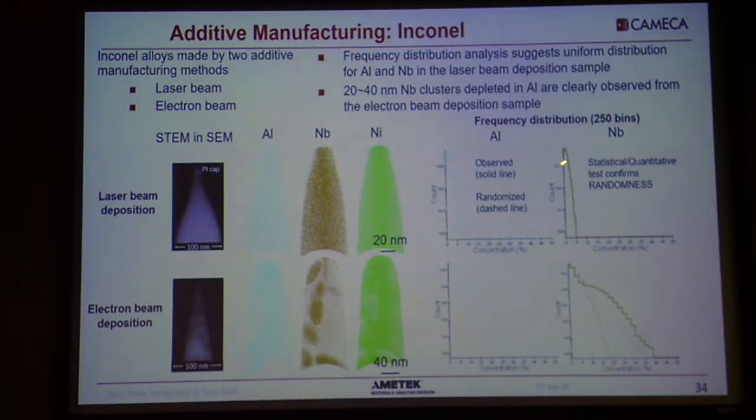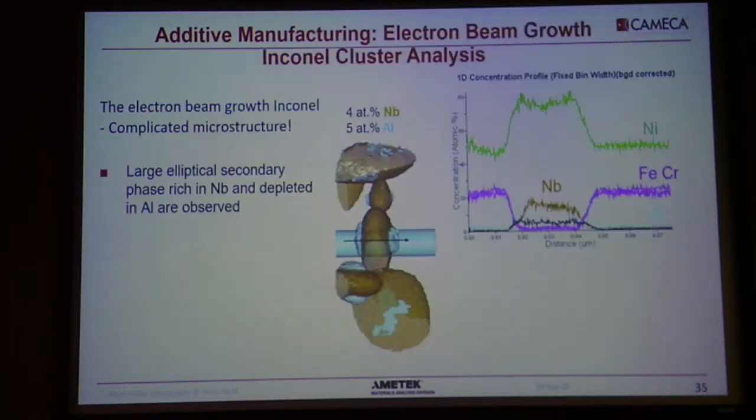If we do a frequency distribution analysis here, that means a difference between observed data and randomized data, you see that there's no real difference in the first case, the laser beam deposition. That means that we have randomness. However, in the case of the electron beam deposition, we do have fair deviation between these two data. Okay, so we have confirmation of the non-randomness here.